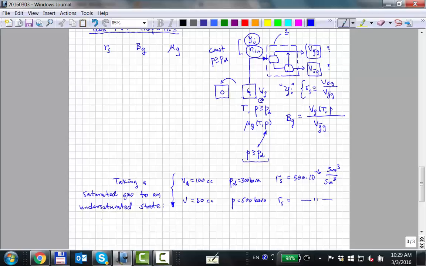And when we do that, the composition remains constant and the number of moles remains constant.